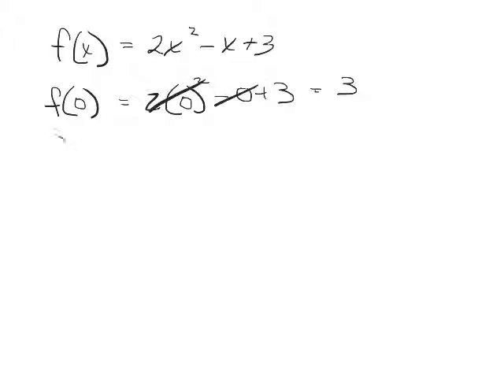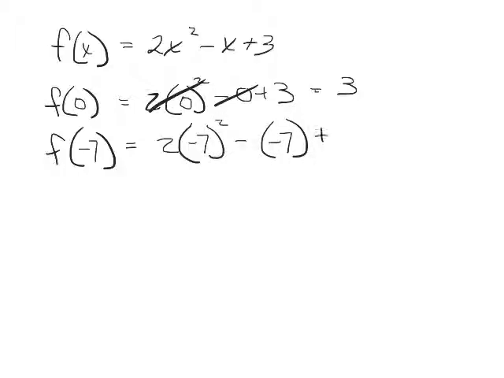If we wanted to find the function of -7, and I really like you to do this, write all of this out just to make sure you get everything there correctly. And when you do this, you end up getting 108, and mostly it's because you squared that and got 49 times 2, and that gets you up there to 98.